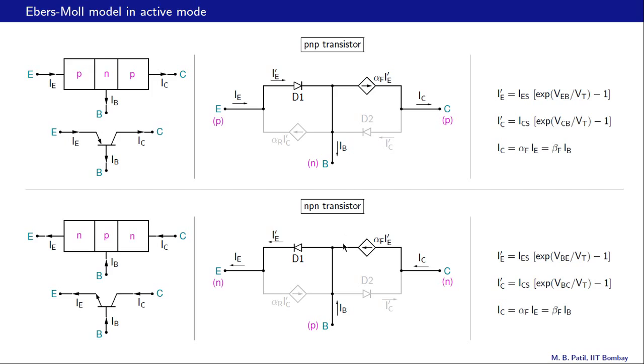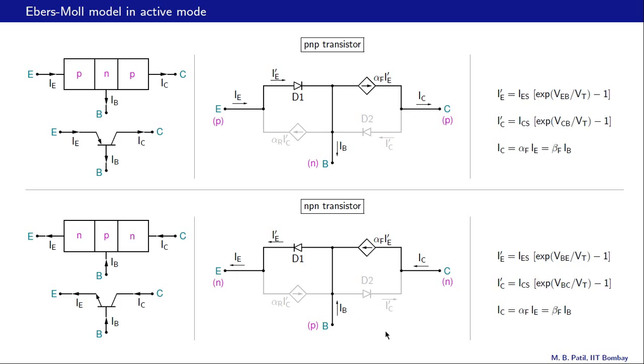In both of these cases, IE becomes equal to IE prime, and IC becomes equal to alpha times IE prime, the same thing except for the directions of the current. So this slide only shows that the Ebers-Moll model does reduce to the BJT model in the active mode that we considered earlier. It's a special case of the Ebers-Moll model.